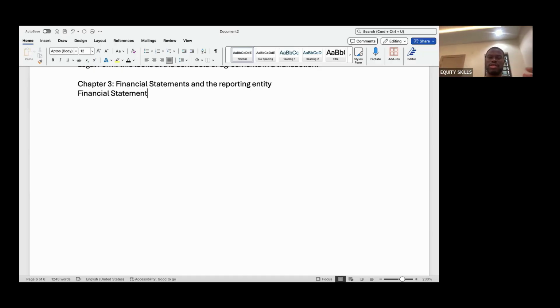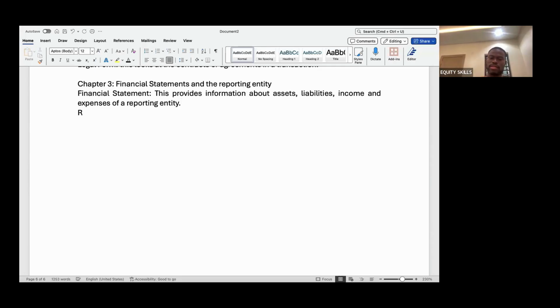It talks about how financial statements provide information about assets, liabilities, income, and expenses of a reporting entity.